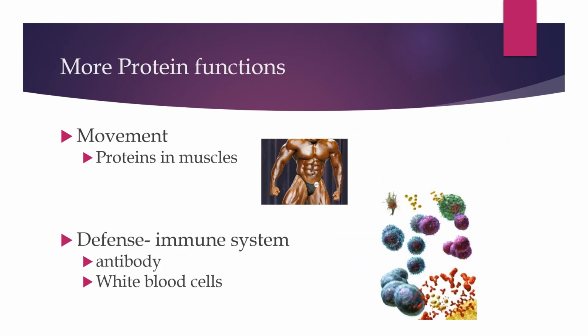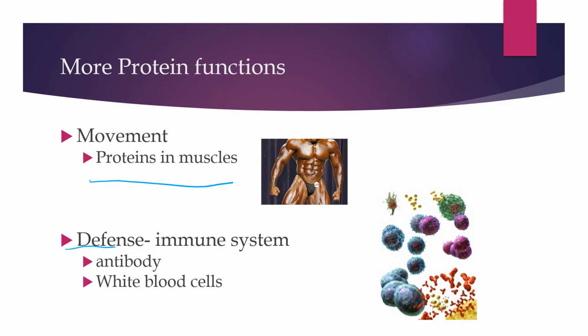Movement, the way our muscles are able to contract are through the sliding of proteins over top of one another. And if you take anatomy and physiology, you'll learn about that in detail. So the ability to move is mostly due to functions of specific types of proteins.